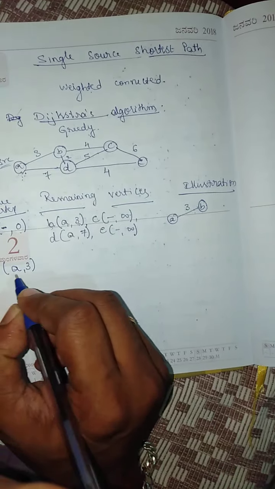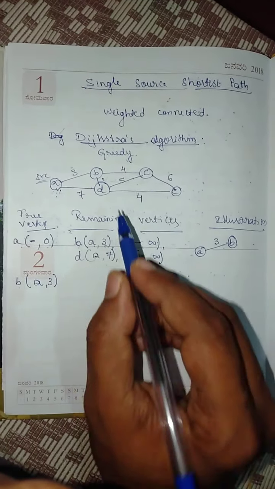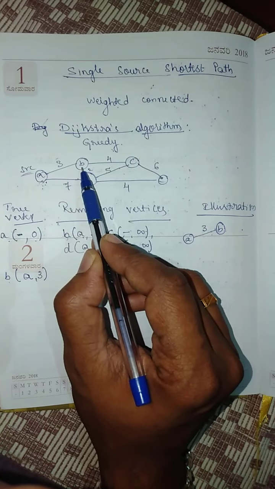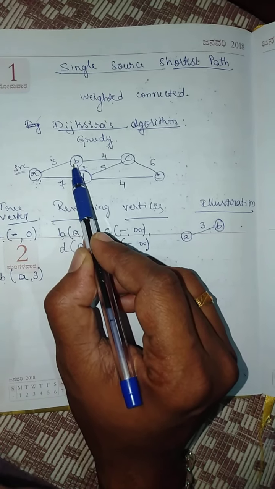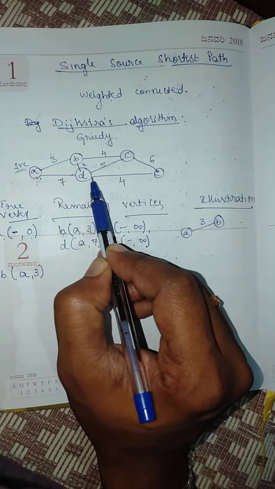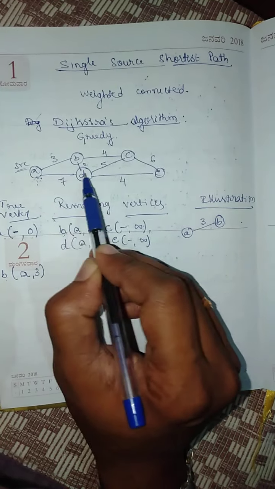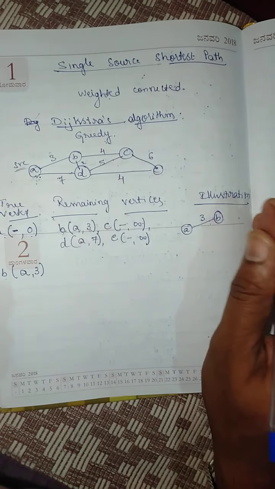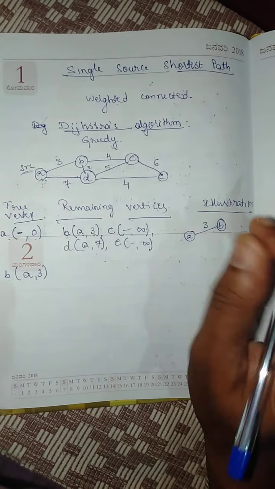Now from B, which are the connected nodes? From B we have the edges to A, to C, and to D. These vertices are called the fringe vertices or the fringe nodes.